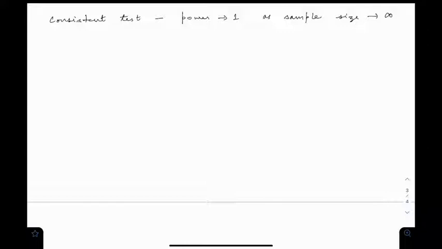And we also want that independent of alpha, the rejection probability for H1 is higher than for H0.